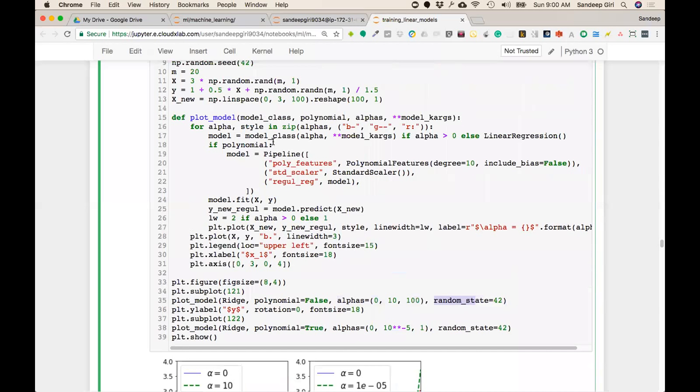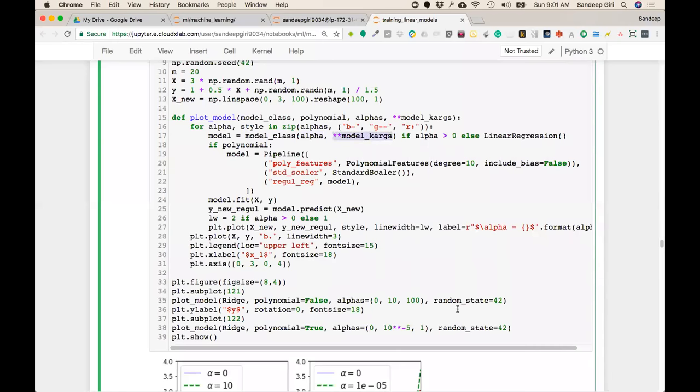All right. So here in the model class, whatever model class we're passing, say we are saying ridge, we are instantiating ridge with the given alpha for each of the alphas. This model class ridge takes alpha as the first argument, and the rest of the model arguments here.